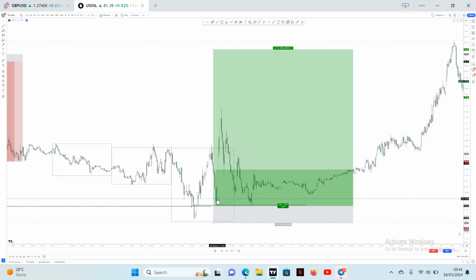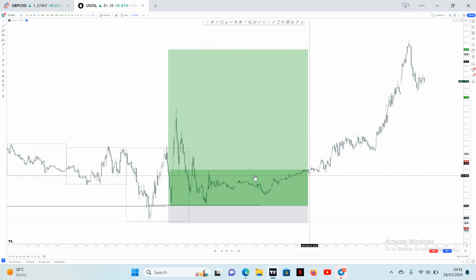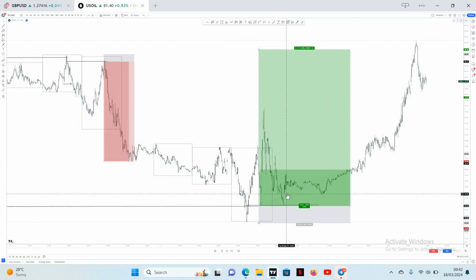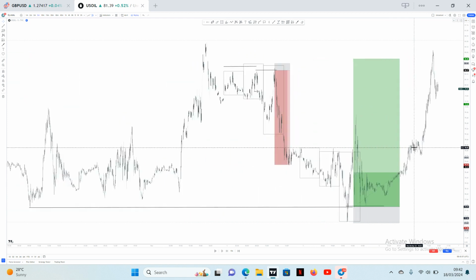It still gave us an entry. Now this is quarter four, which is going to continue what quarter three already started. So you can clearly see how everything is playing out together, and this did play out very, very nicely.